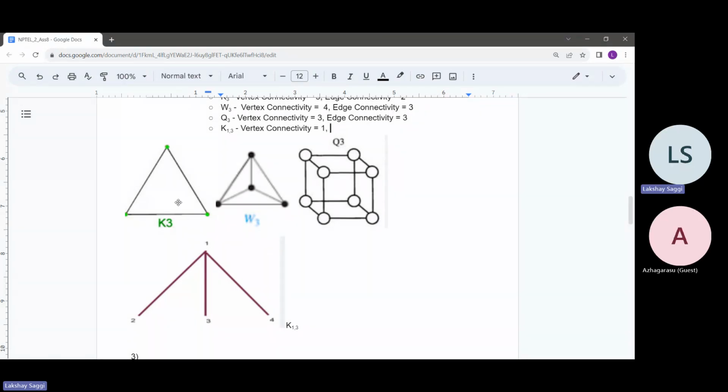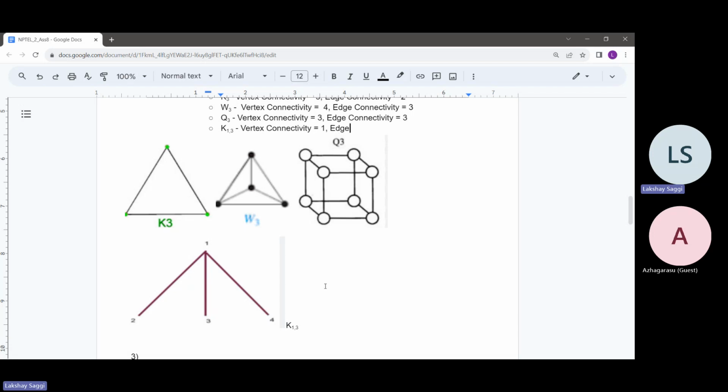Note that I could have also deleted the single vertex 2, but then the remaining set would still be connected. We need to find the minimum sized vertex set, so vertex 1 is the minimum size such set which disconnects 2, 3, and 4. After deleting vertex 1, we'll be left with the vertices 2, 3, and 4. So that's why its vertex connectivity is 1.